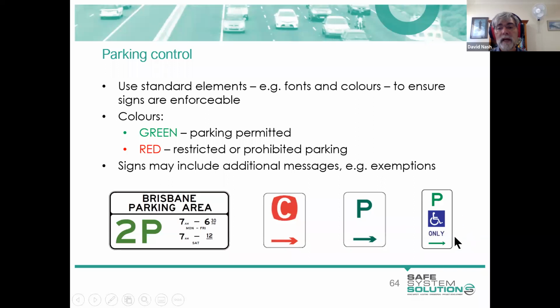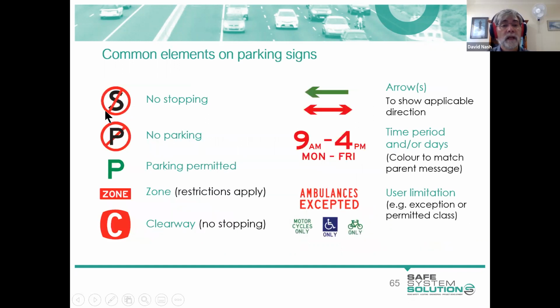This is an example of parking for people with disabled parking permits, which are only permitted in that location. The S with a strike through means no stopping and has no exemptions, and no parking means pretty much the same thing, but you are allowed to stop for, I've forgotten what it is.